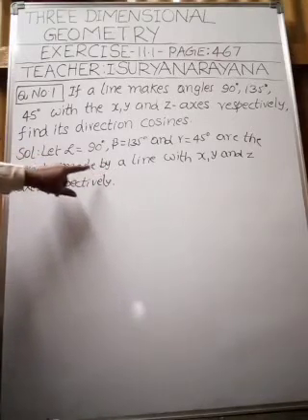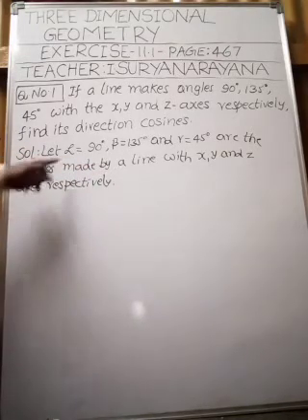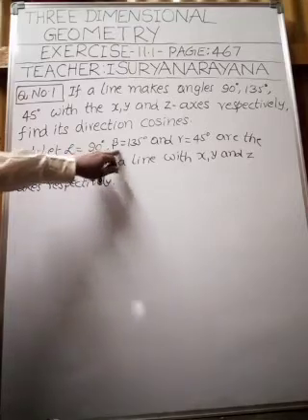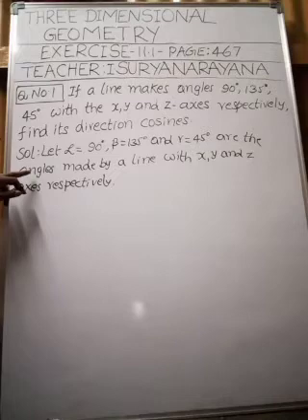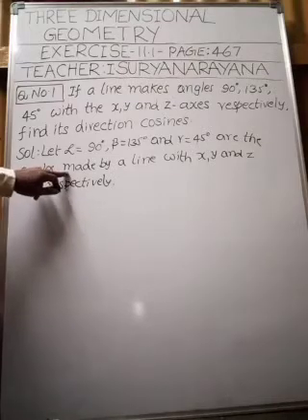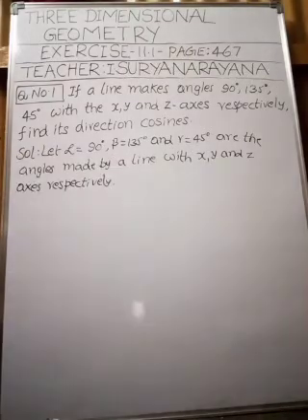Understood this point? We have assumed that alpha is 90 degrees, beta is 135 degrees and gamma is 45 degrees. These three angles are the angles made by the line with x, y and z axis respectively.